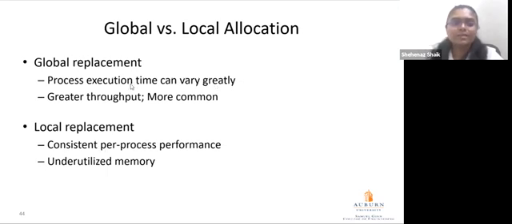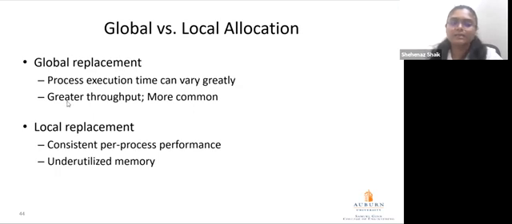But whenever we want to make a decision regarding which page can be a victim page to accommodate a newly arriving page, we should be able to make a better decision based on which of the pages are currently being utilized by their respective process.